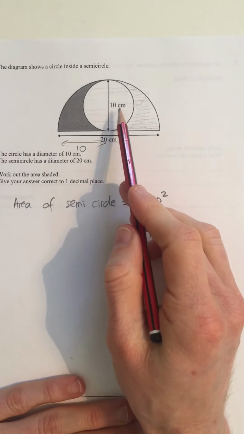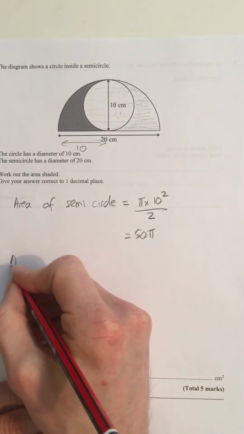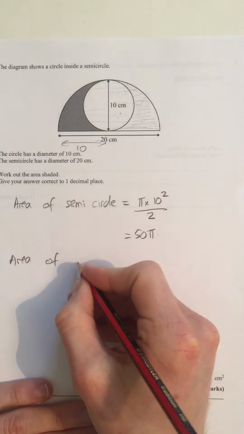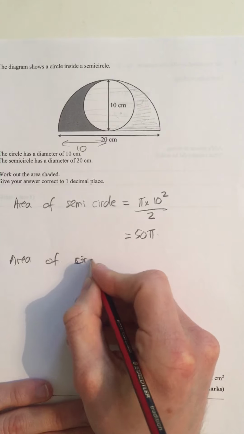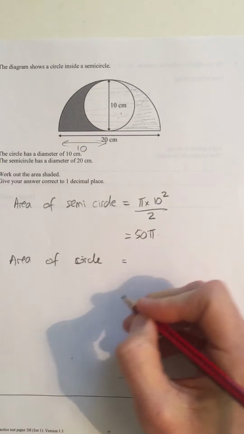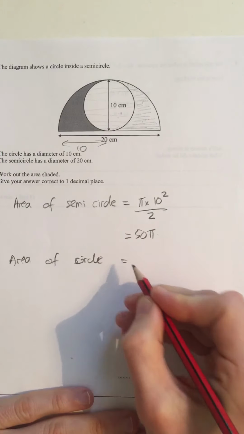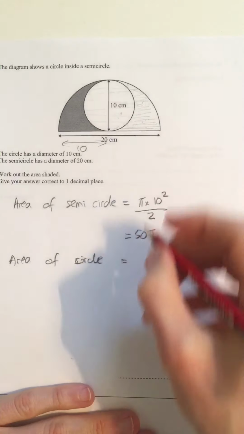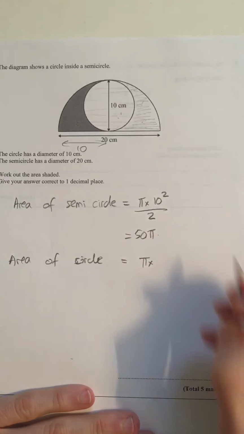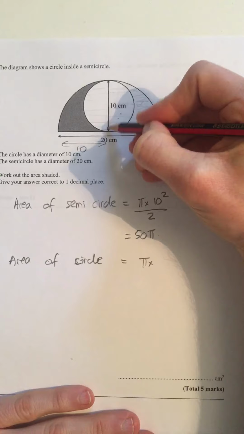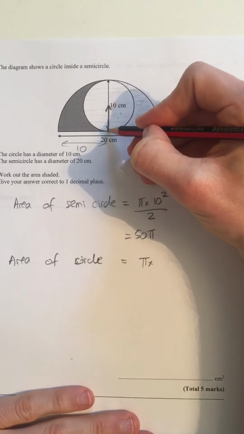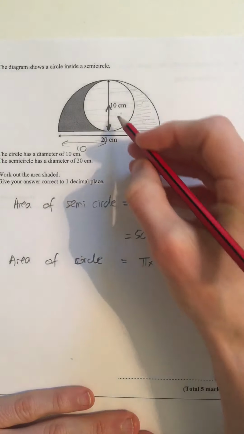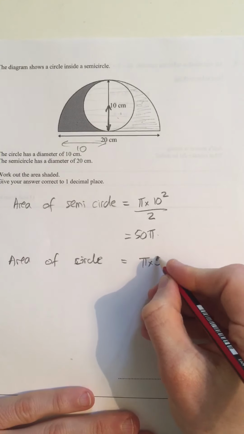I then want to take away the area of the circle in the middle. So the area of the small circle, again, it's going to be pi times the radius squared. The radius in this case, if the diameter is 10, is 5.